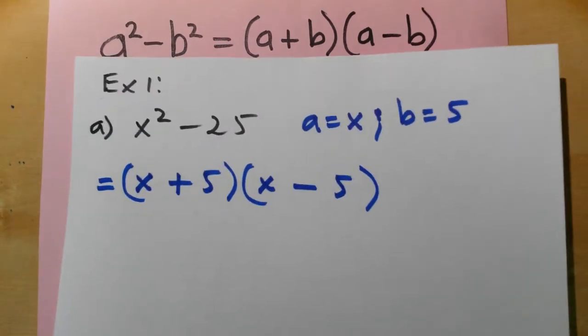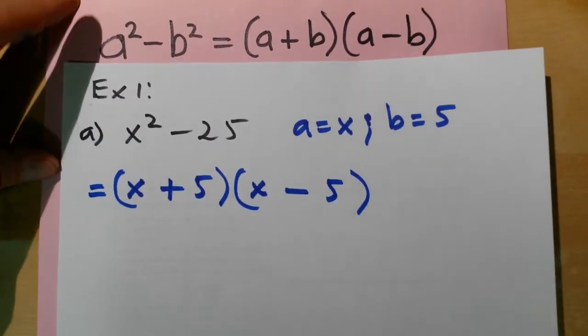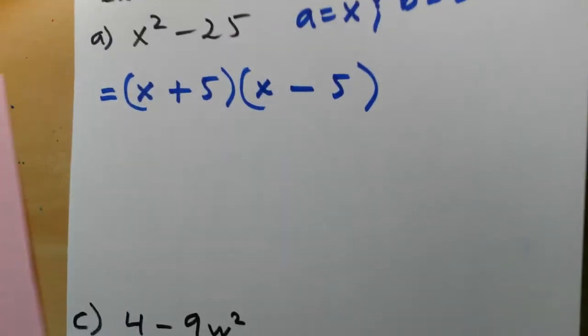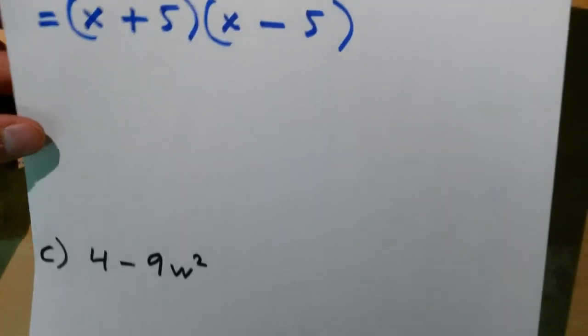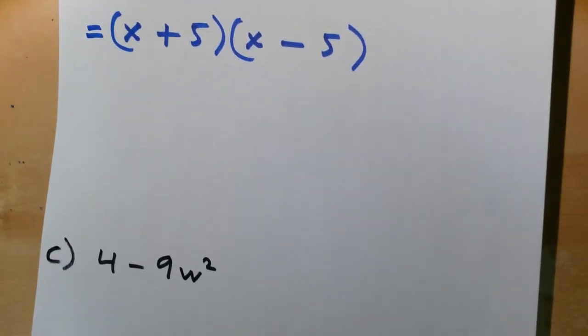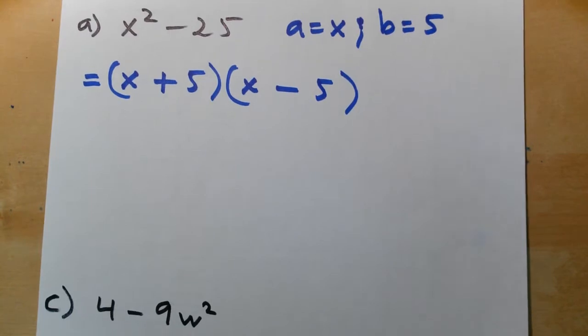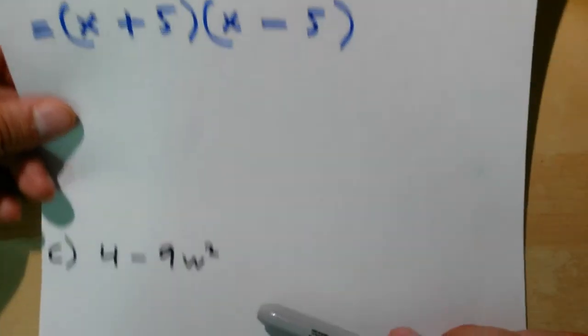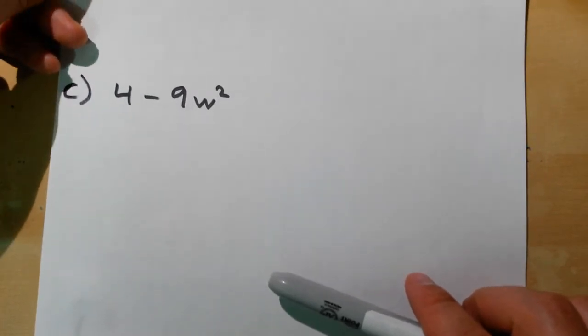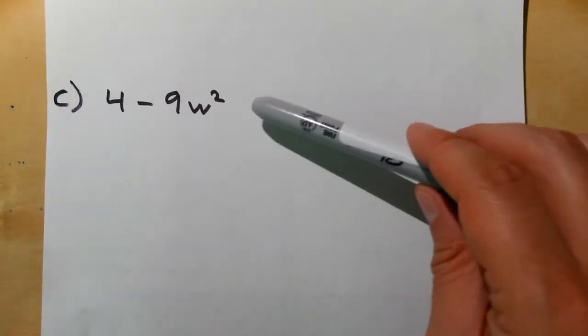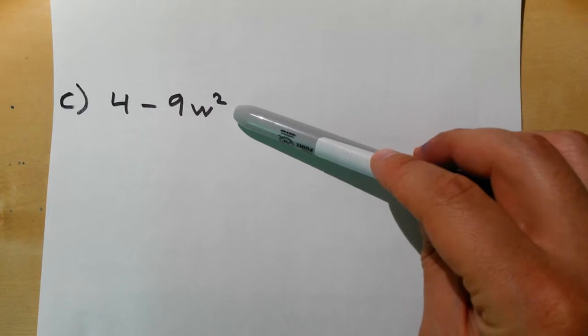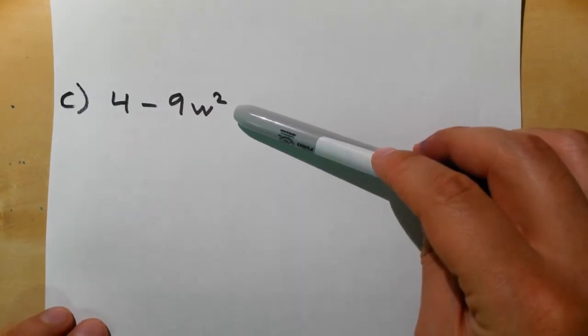Let's start looking at another example here. I'll go a little faster. Maybe I should not have made so much space, but here it is. We have 4 minus 9w squared. Just like factoring, first, is there a common factor among these terms?